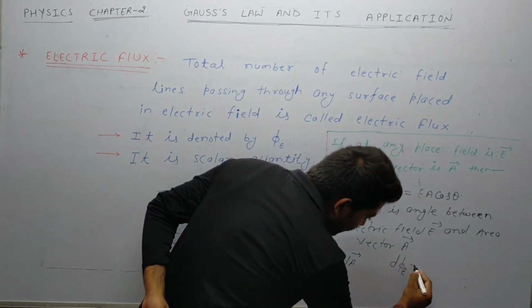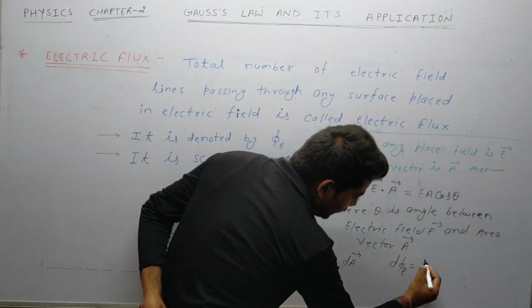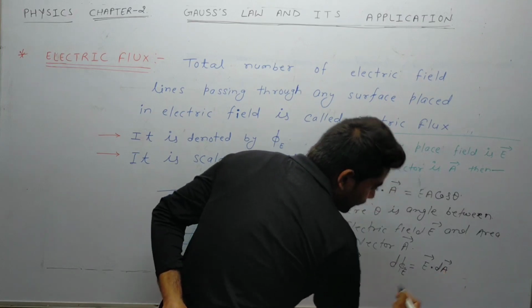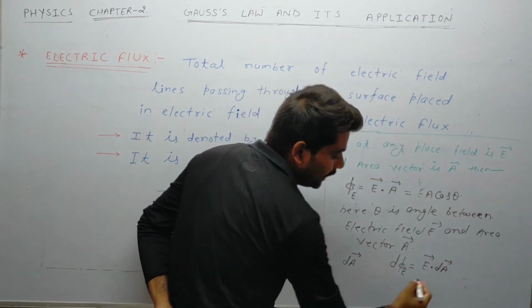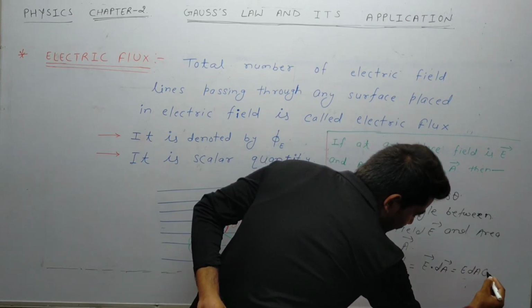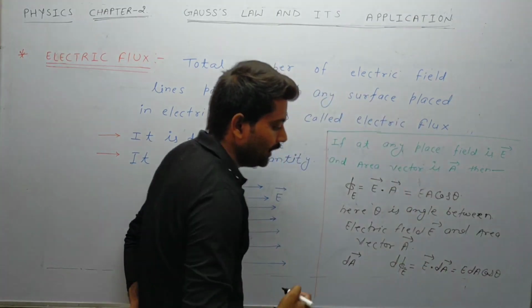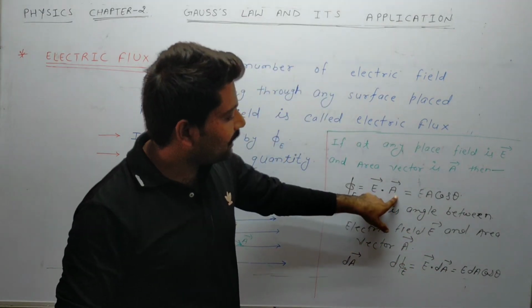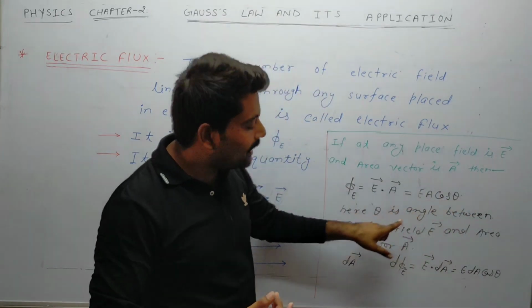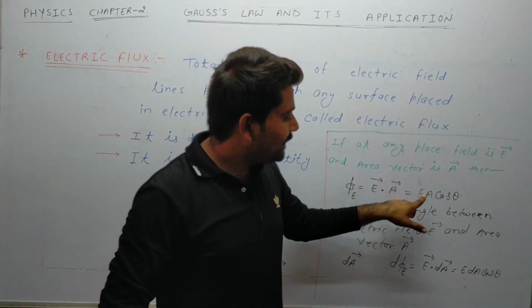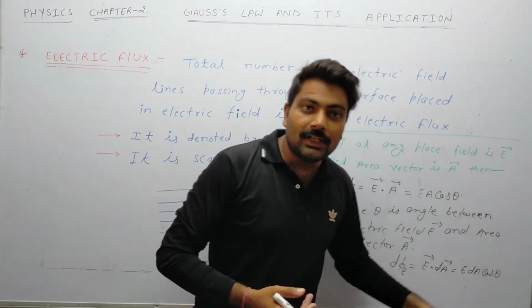So the formula can be written as d phi E is equal to E vector dot dA vector for a small area, and it can be written as E dA cos theta. If the area is S, then the formula will be E vector dot S vector, which is ES cos theta. If the area is ds, then the formula can be written as E vector dot ds vector is equal to E ds cos theta.